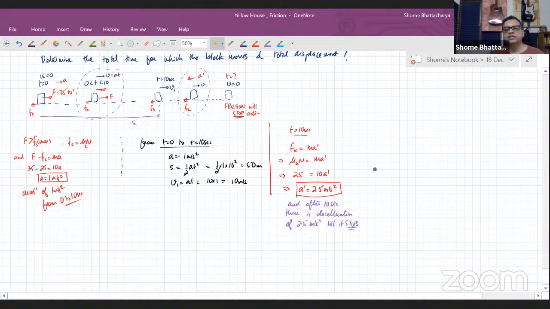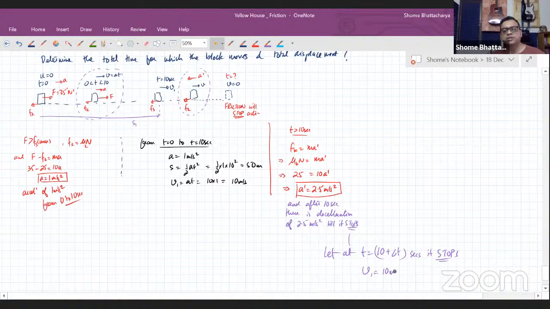Okay. So let us say that it stops at t equal to 10 plus delta t seconds. So V1 was equal to how much now?